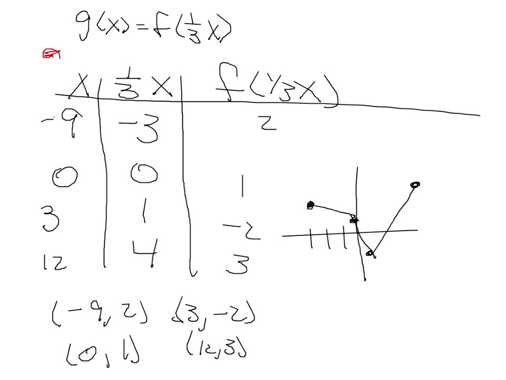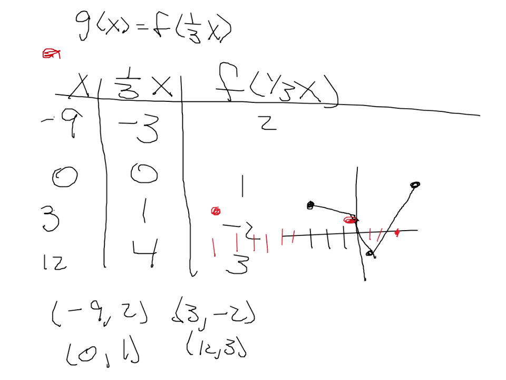Okay. And now I'm going to graph these points. So -9, there's 4, 5, 6, 7, 8, 9. 3, 1, 2, 3.